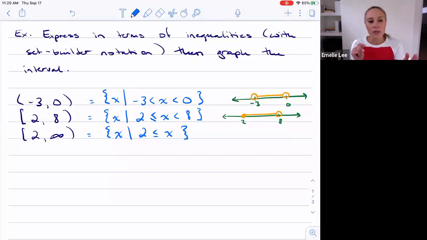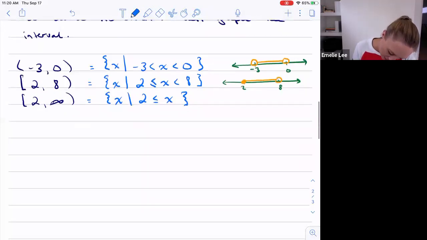So how this reads, like I said, it's not very organic. We would read this as 2 is less than or equal to x. Well, usually if we're talking about x, we want to know that x has to be greater than or equal to 2, so we can reverse these. However you want to write it, or we can do x such that x is greater than or equal to 2.